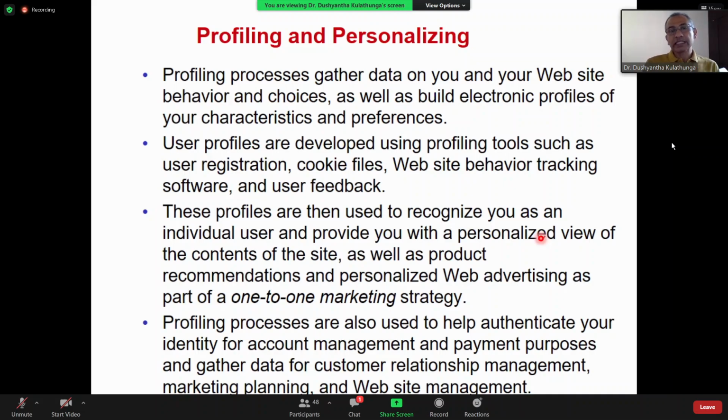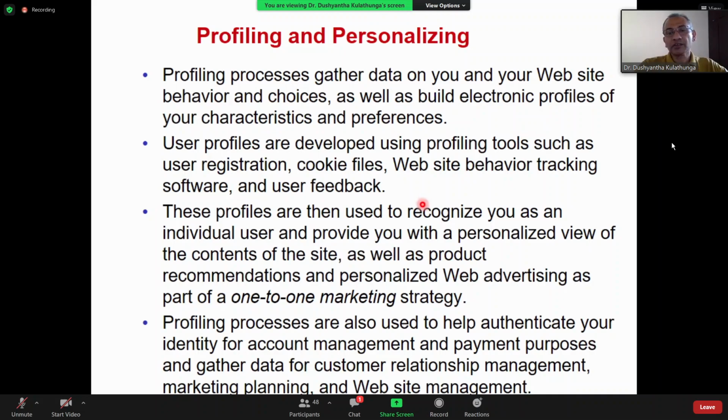Now, the profile contains information about you and also about your behavior, choices, or preferences. Now, this information can be used to identify your preferences, basically, what you prefer, what you need. So then the personalized web page will be created depending on these particular preferences.